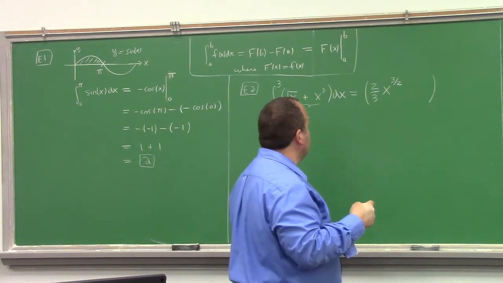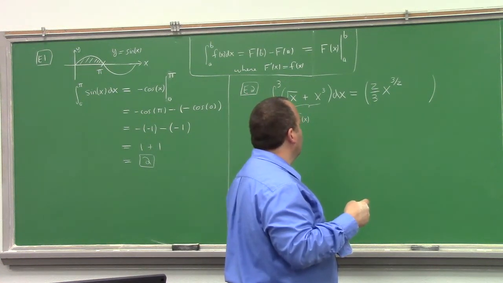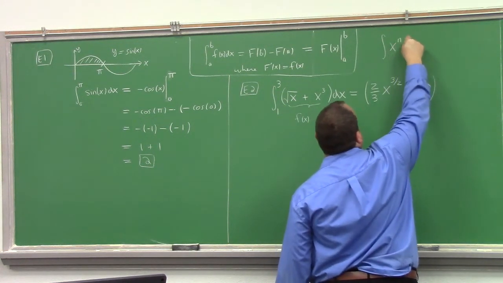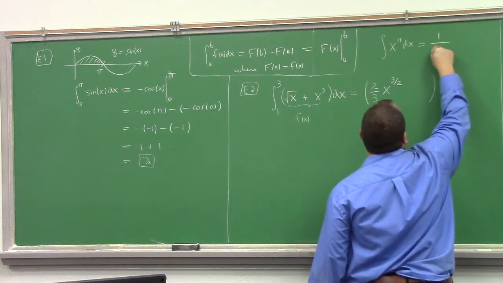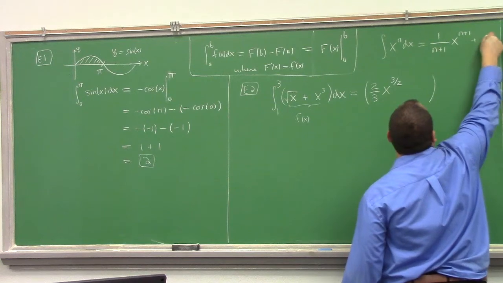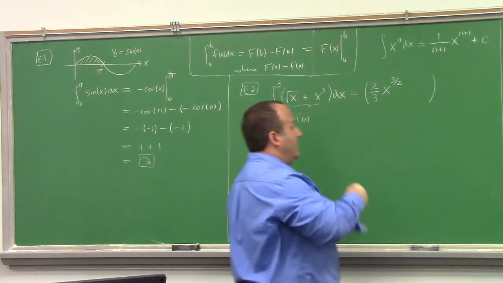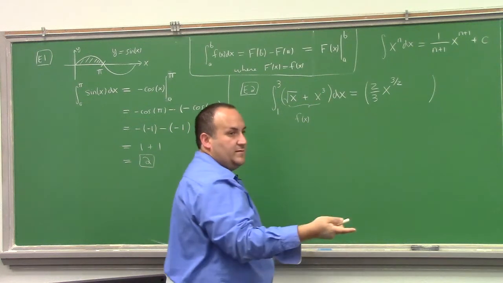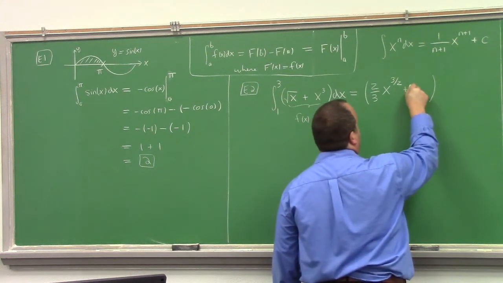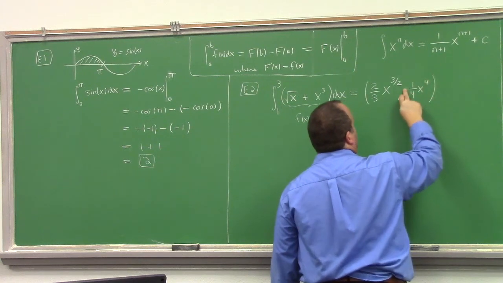Remember, integral of x to the n dx is 1 over n plus 1, x to the n plus 1, plus a constant, right? So we add 1 to the exponent, which gives 4, and so we have to divide by that. So 1/4 x to the 4th. If you said that and I didn't hear you, my apologies. I sometimes miss what people say.